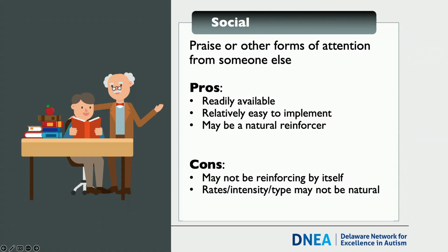Another type of reinforcer is social and involves praise or other forms of attention from someone following a behavior that increases likelihood an individual will engage in that behavior again in the future. Some examples include praise, smiles, or proximity, such as sitting next to the teacher.